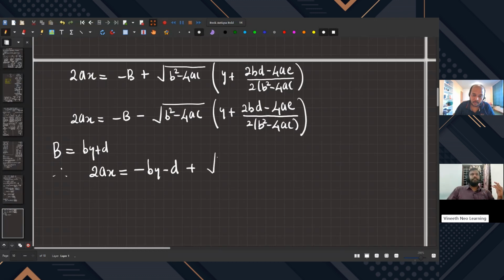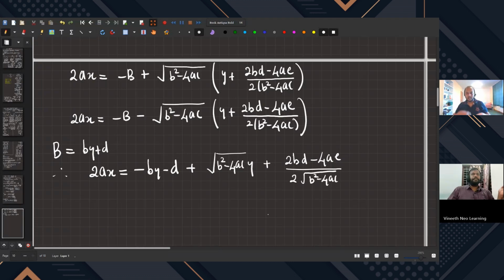So we get square root of b squared minus 4ac times y plus b squared minus square times y plus 2bd minus 4ae by 2 times square root of b squared minus 4ac.